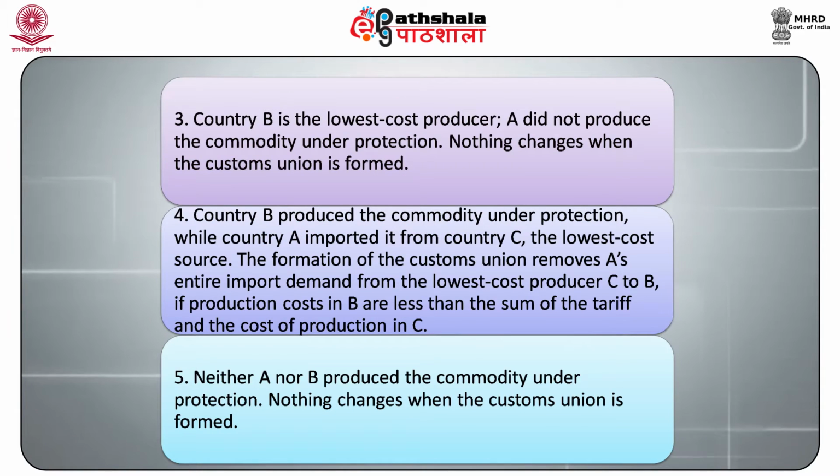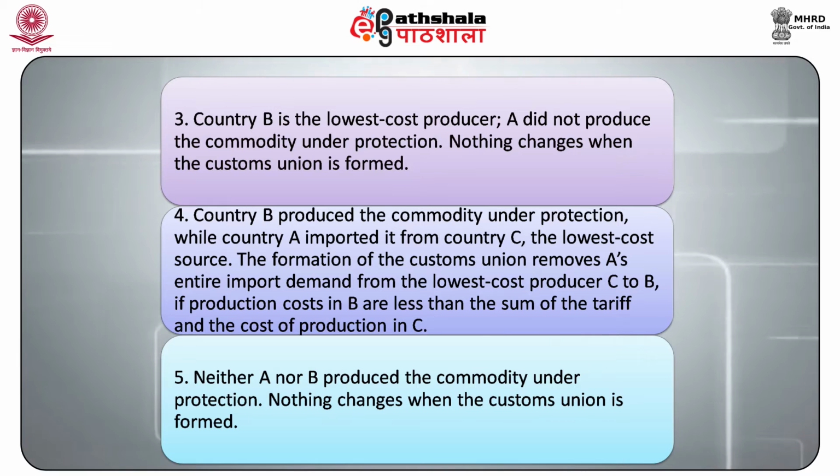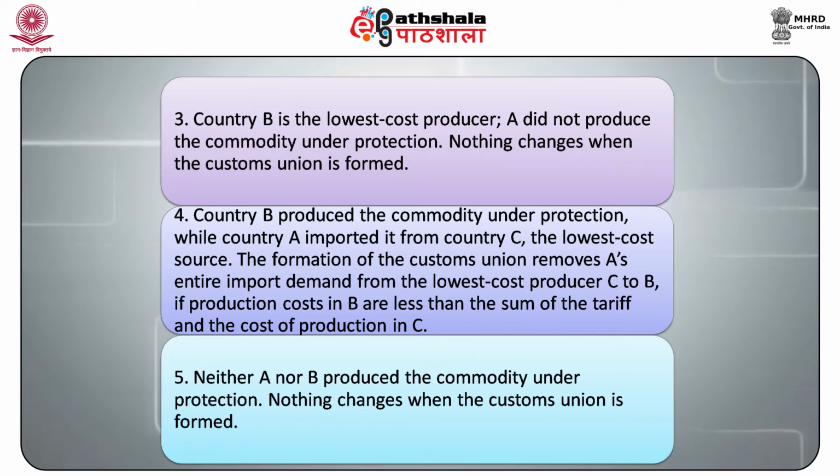Third, country B is the lowest cost producer and A does not produce the commodity under protection. Nothing changes when the customs union is formed. Now, fourthly, country B produces the commodity under protection while country A imports it from country C, the lowest cost source.